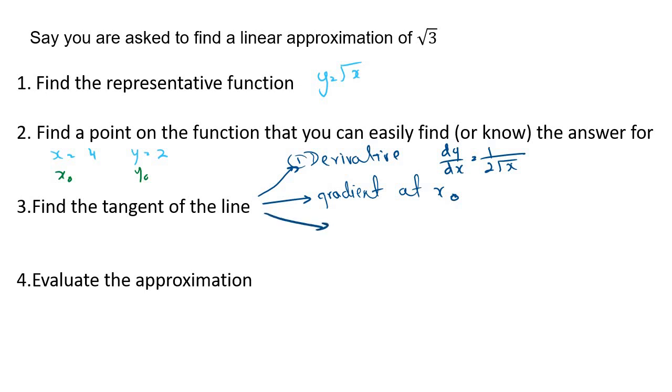Then we find the tangential line, the equation of the tangent. So that is a line through x0, y0 with a gradient of dy over dx at x0, right?